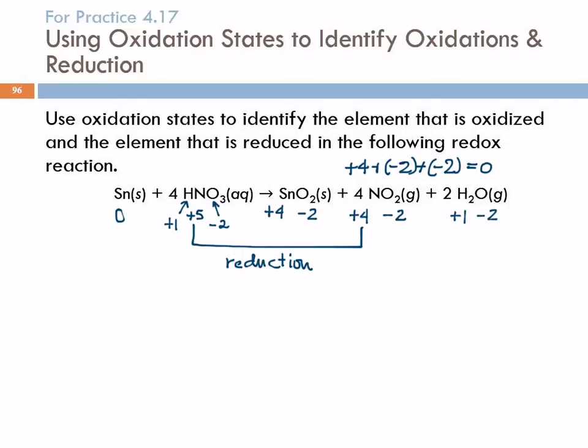So reduction is gain of electrons, or reduction is a decrease in the oxidation state. Oxidation is an increase in the oxidation state. Oxidation is a loss of electrons. So we have a reduction. There must be something that's being oxidized. What is it?